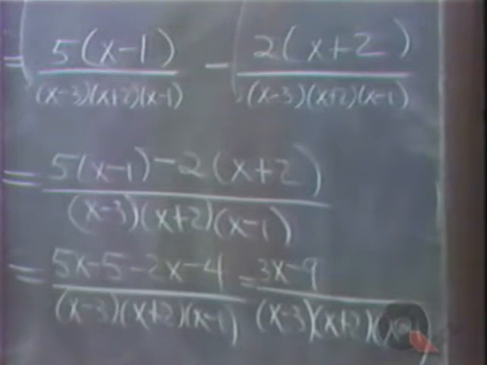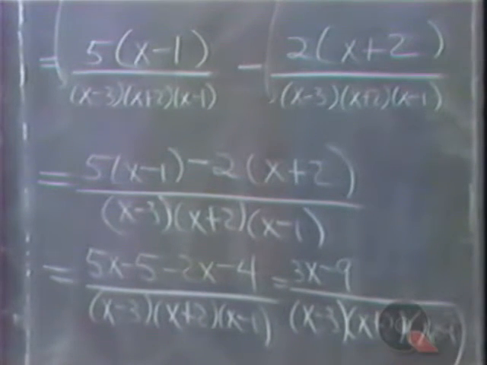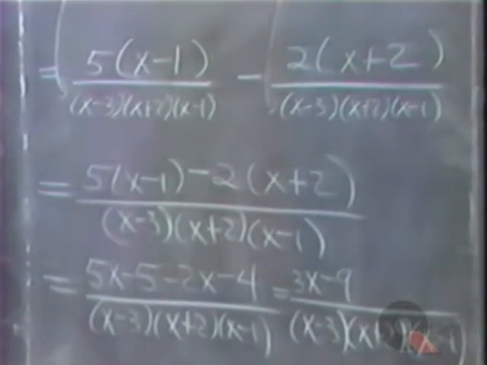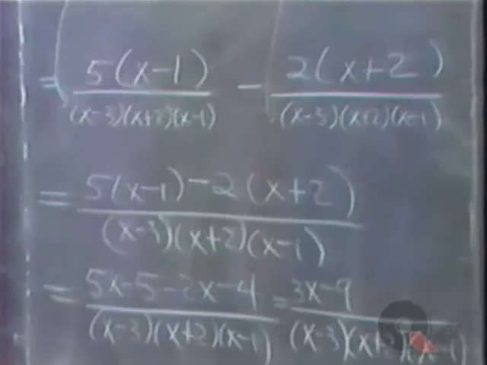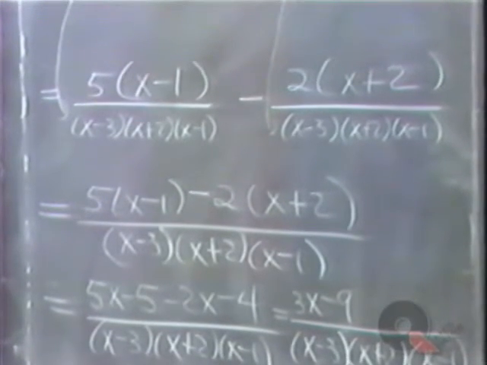And we're not finished yet. Let's continue it up here. We've gotten as far as 3x minus 9 over x minus 3 times x plus 2 times x minus 1.